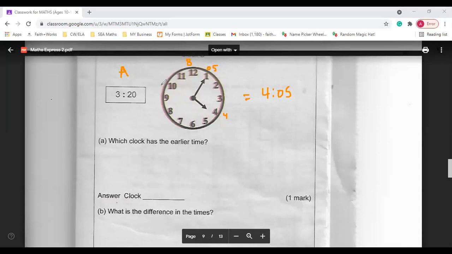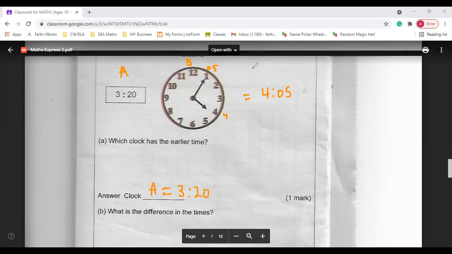Right? So the digital clock has the earlier time, which is 3:20, 20 past 3. What is the difference in the times?